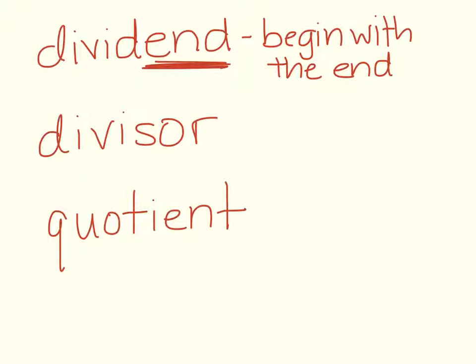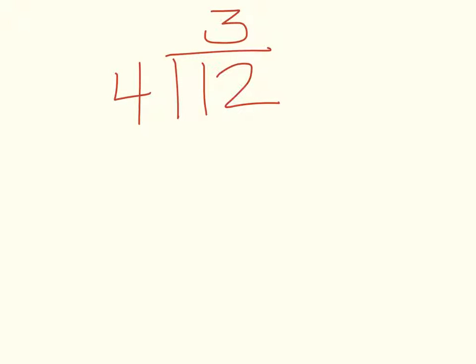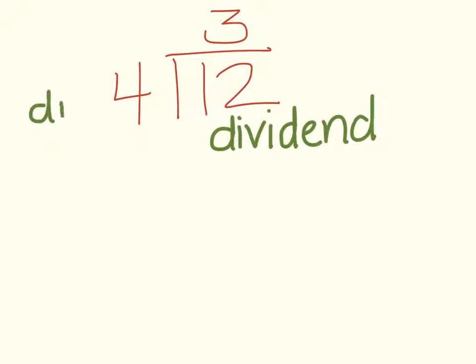The parts have names, and the quotient is always going to be your answer. In our first problem, 12 divided by 4 equals 3, let's get a nice thick pen so we can see it. The 12 is our dividend, because we begin with the end. The 4 is our divisor. And our 3, the answer, is the quotient.